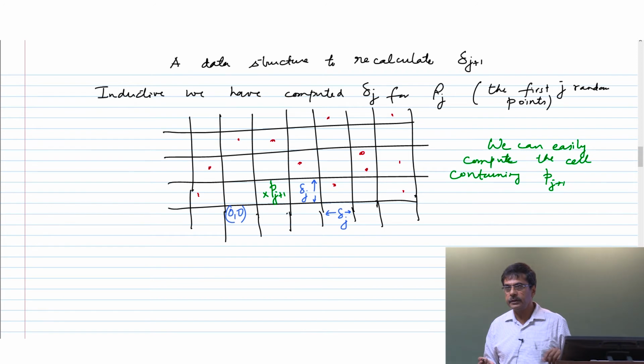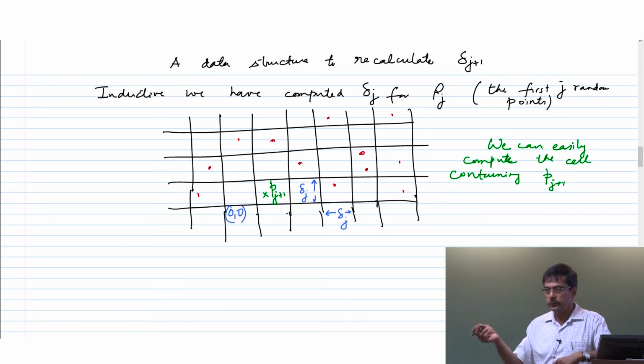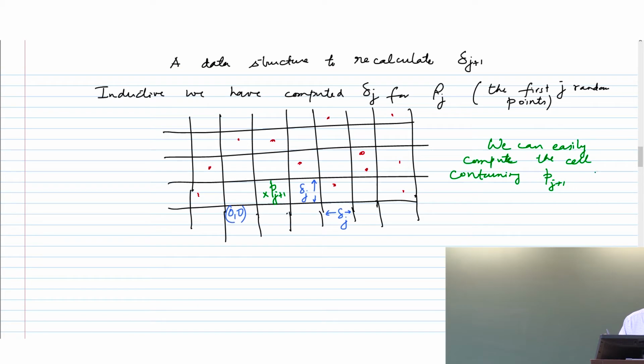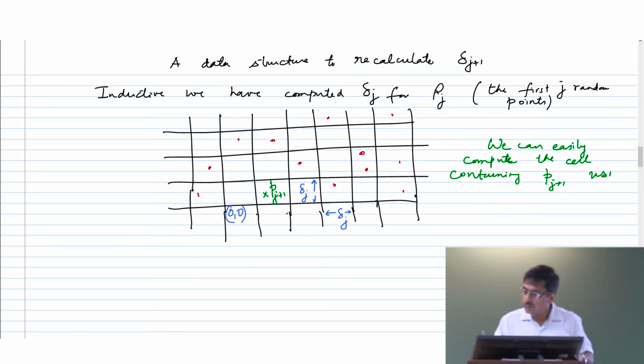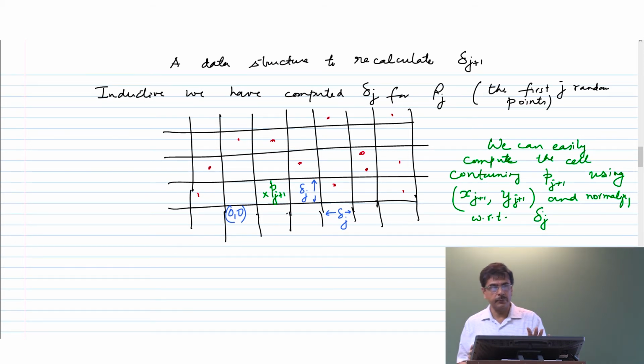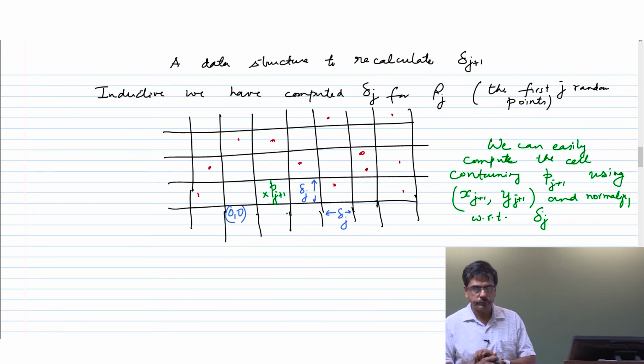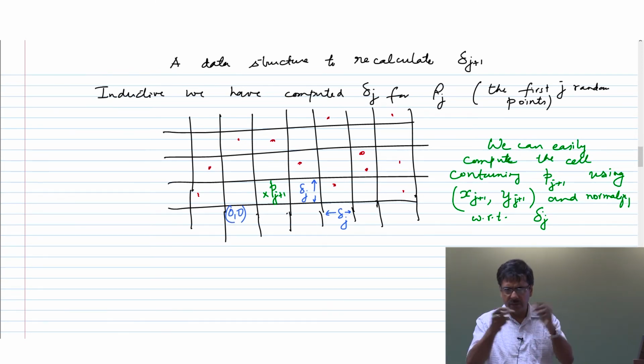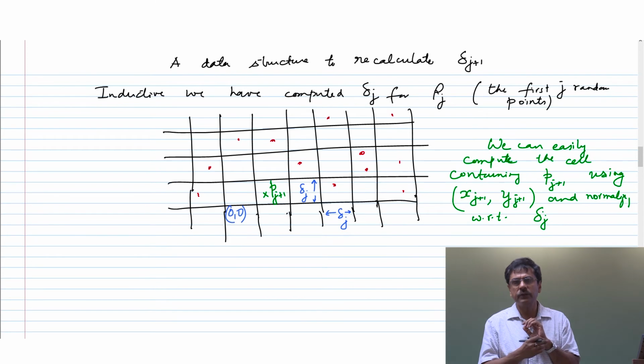We know the coordinates of Pj plus 1, some x_{j+1}, y_{j+1}, and normalizing with respect to the grid size, we will know exactly which cell it falls into. You divide by the grid size. So that gives the coordinate, which cell it is going to fall in.